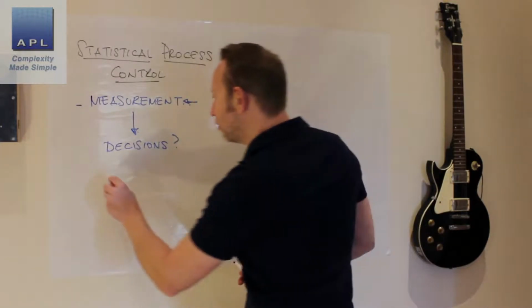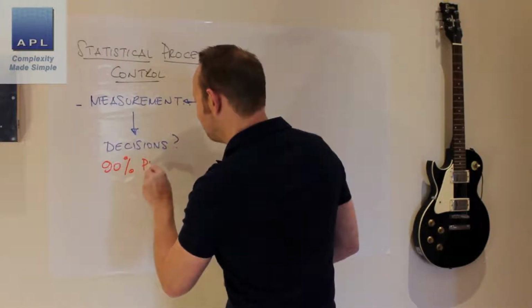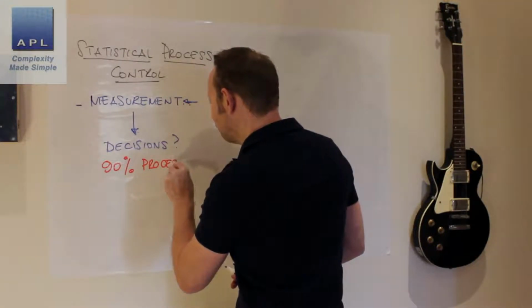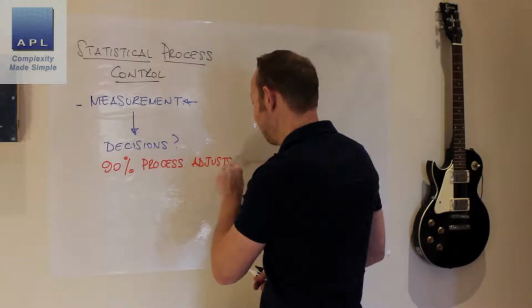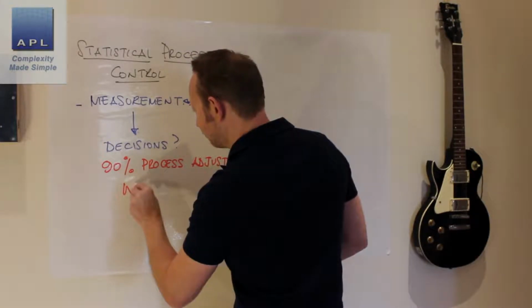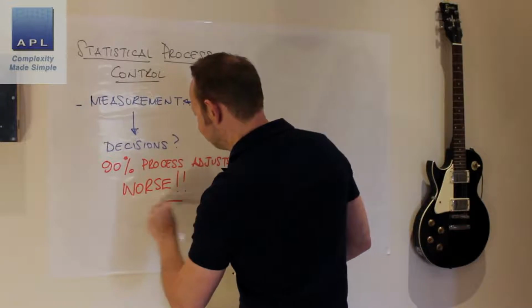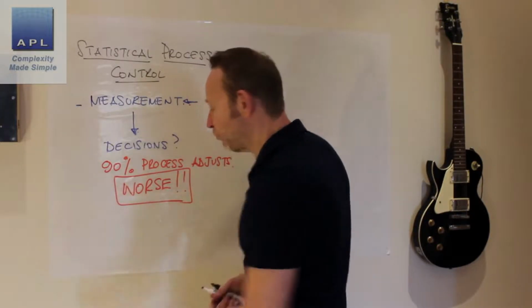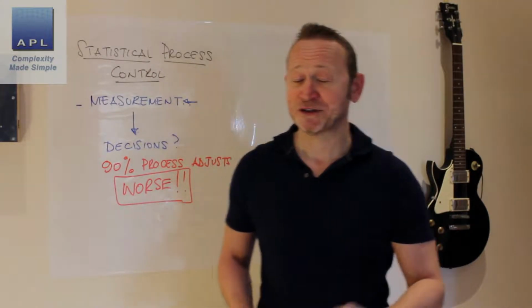They say 90% of process adjustment makes the process worse. You make the process worse 90% of the time.